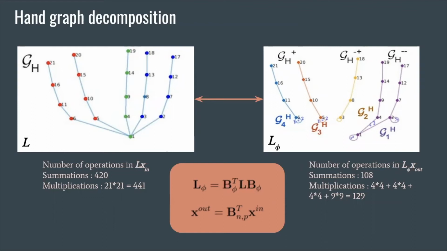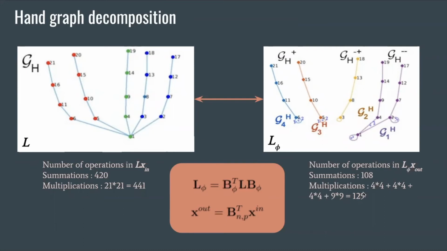Thus, if we want to filter data using the Laplacian matrix L, it will be equivalent to filtering the data using the Laplacian matrix L phi, only if we pre-process the input data using this orthogonal matrix B.